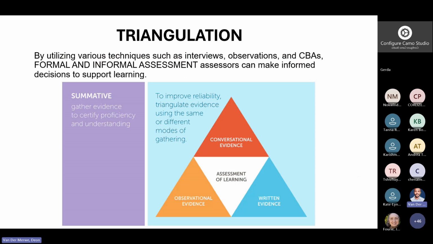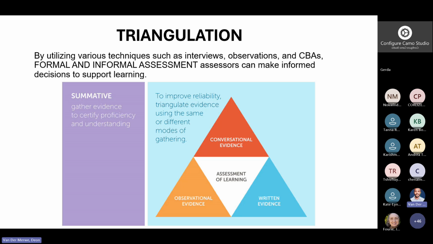Therefore, it is important to triangulate all of the information that you have gathered through the various techniques such as interviews, observations, as well as curriculum-based assessments.